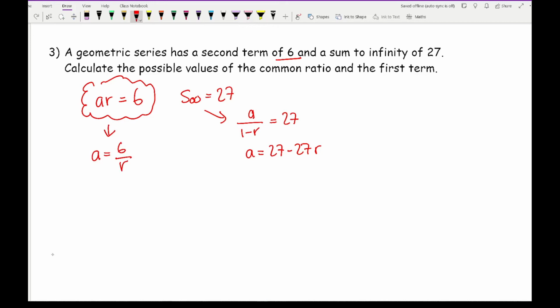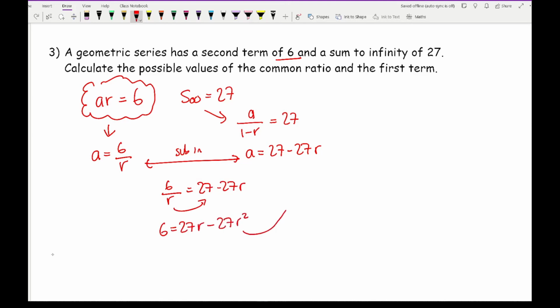Now if I substitute that in, I end up with 6 over r equals 27 minus 27r. Then if I take the r over to the side, I end up with 6 equals 27r minus 27r squared.